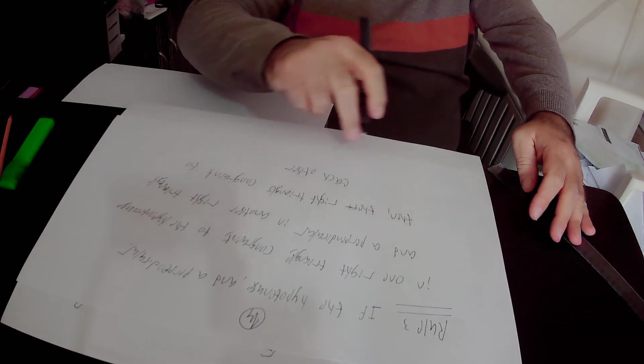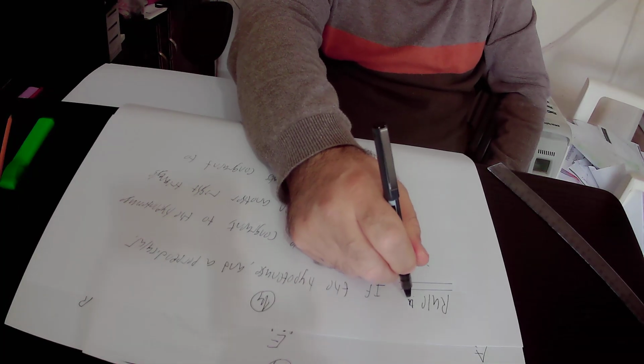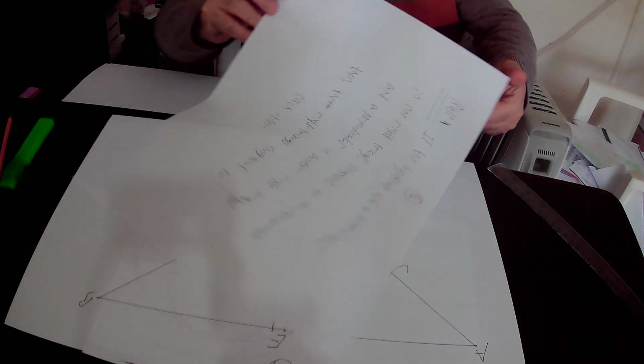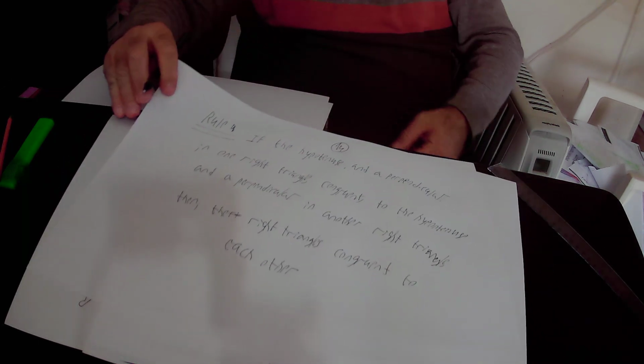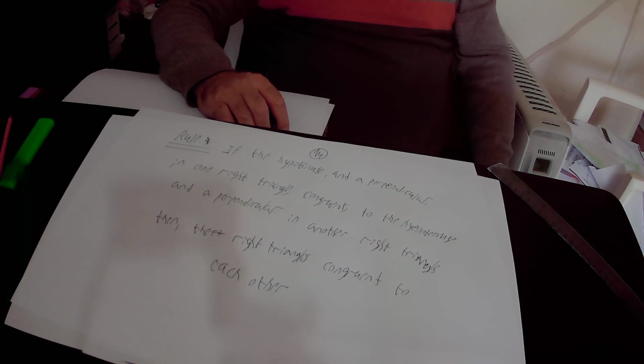I will read rule number 4 again. According to rule number 4, if the hypotenuse and the perpendicular in one triangle are congruent to the hypotenuse and the perpendicular in another right triangle, then the right triangles are congruent to each other.